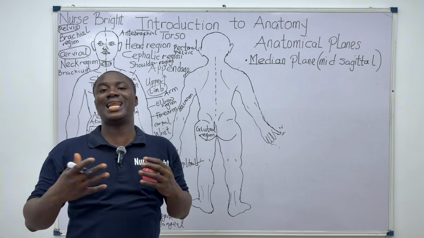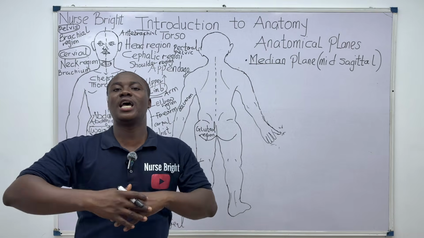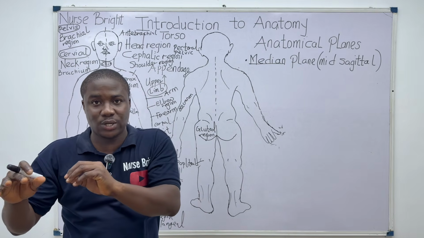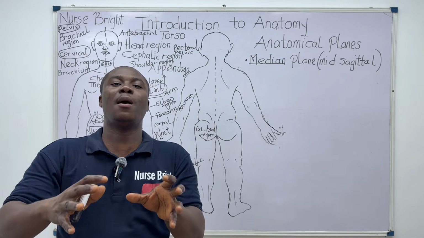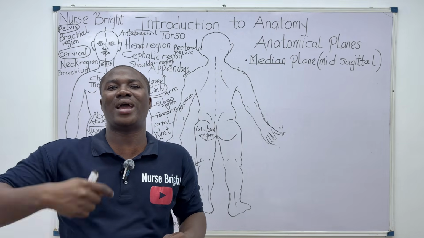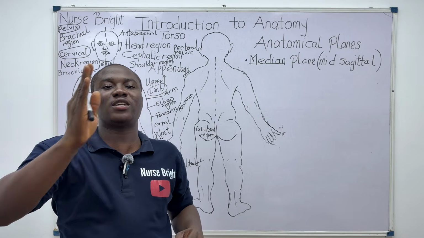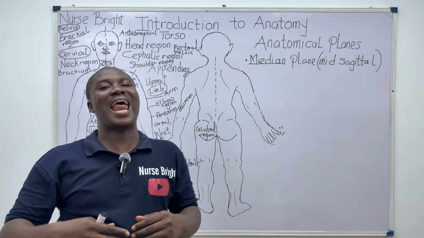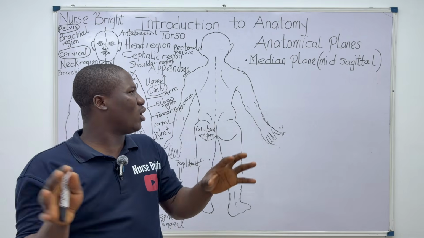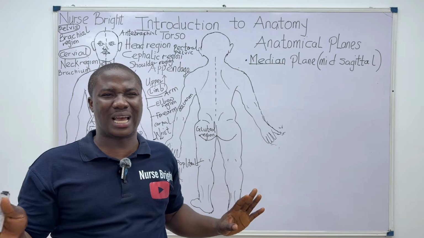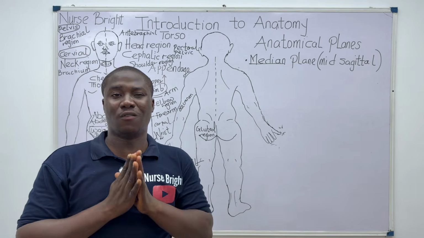Like for instance, let's say stroke affects one side of the brain. That's why the median plane is essential. It helps a healthcare professional to identify abnormalities that can affect one part of the body, like a brain tumor in one hemisphere. Do you understand? That is what this median plane talks about, and that's the clinical significance of this plane.